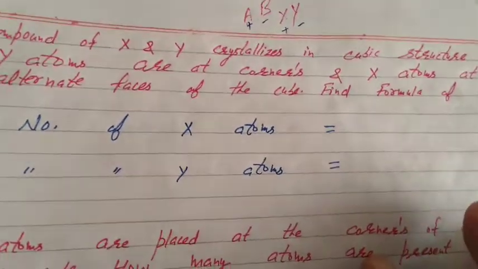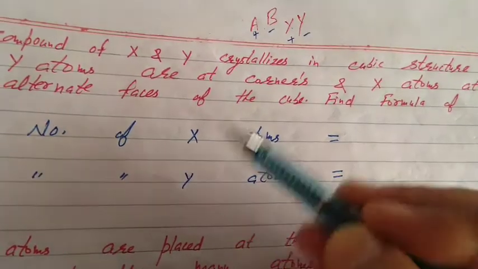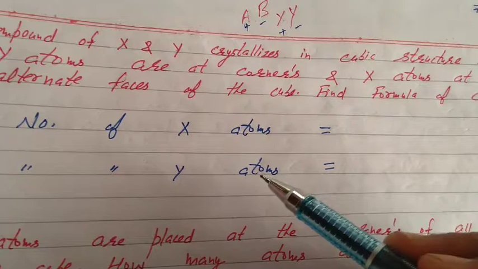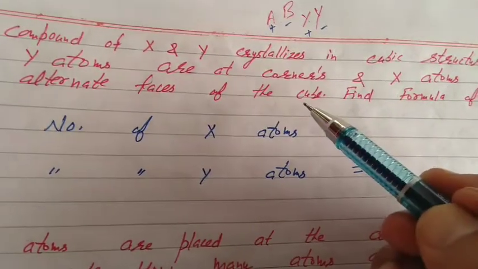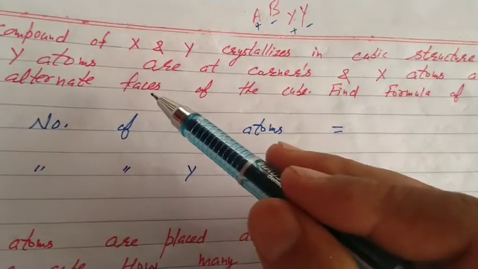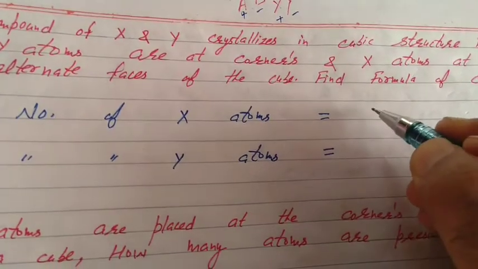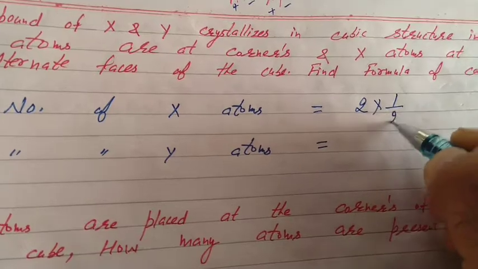X and Y are there. Students, it means at first we go with cation and then anion. Number of X atoms, and then we find number of Y atoms, that is the first step. X atoms are at alternate faces of the cube. There are total 6 faces, but they are present only at 2 faces, alternate faces. 4 are vacant. It means number of X atoms is 2 into contribution at face 1 by 2.